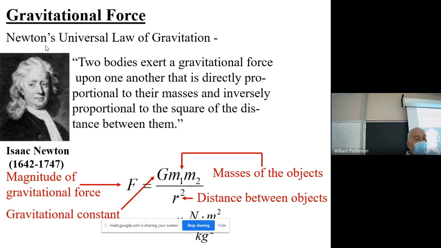However, the Earth has an m that is 10 to the 24. That's a big number. So when you put for M2 a number like 10 to the 24, it's massive compared to that number for G. So there is, of course, a very large gravitational force, a pull that we feel due to the Earth yanking on us.